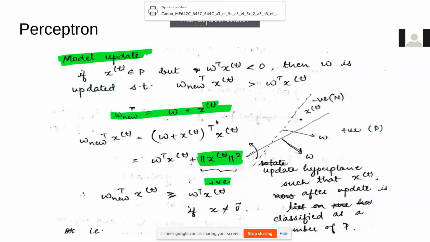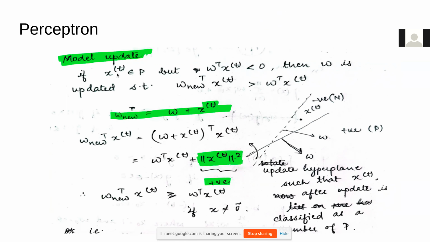So resuming where we left. Now during the model update, assume that we see a point at time t, which belongs to the positive class, that is y equal to 1, but W transpose X of t is less than 0. That is, this hyperplane, which is represented by W here, has failed to classify X correctly as a member of class 1.